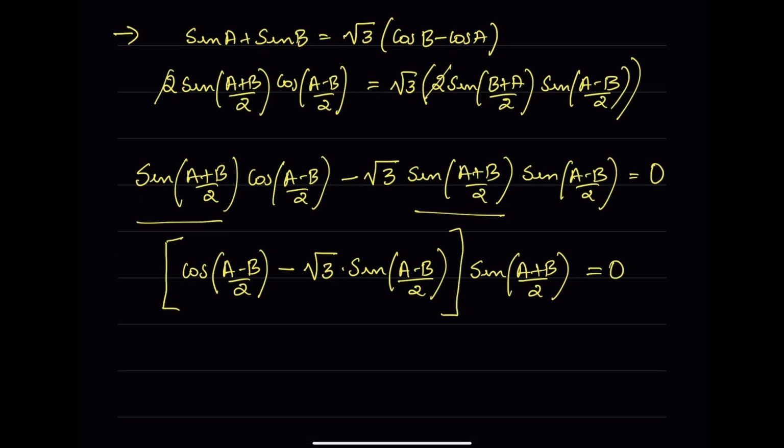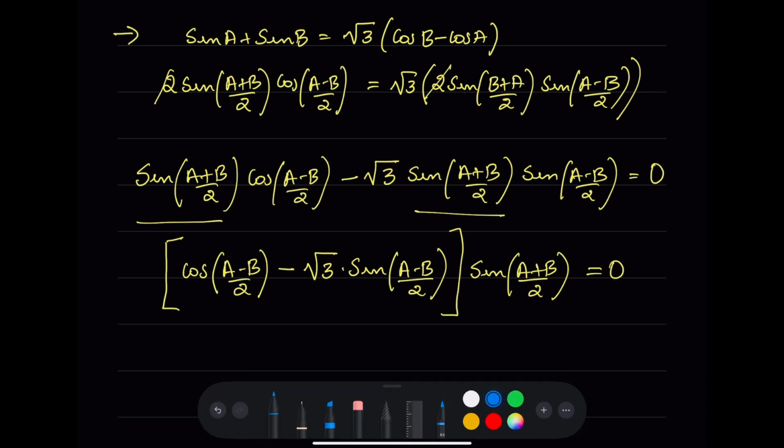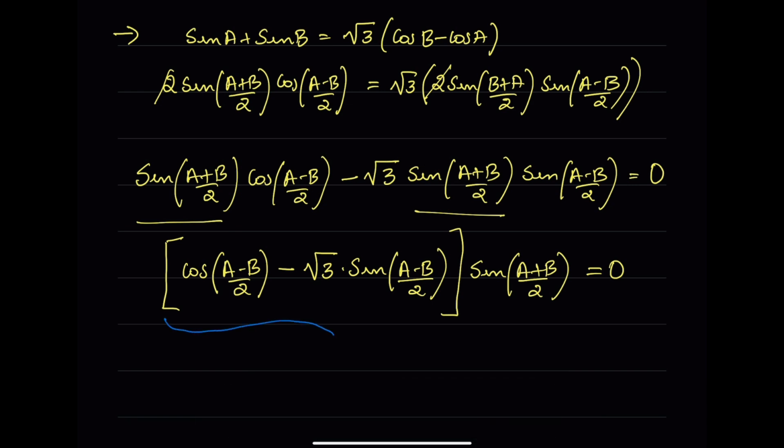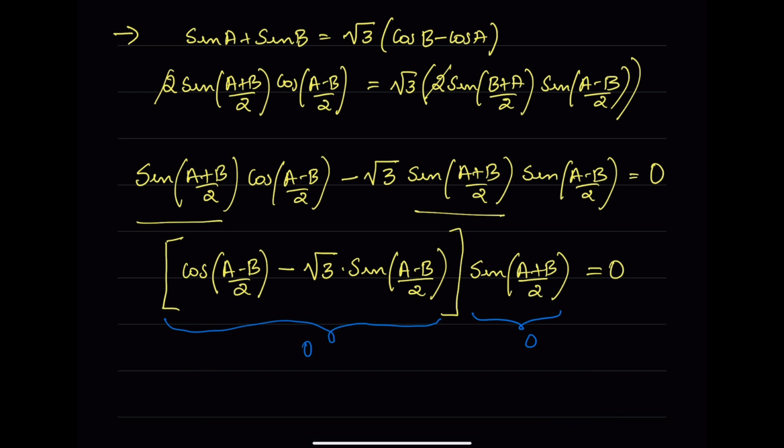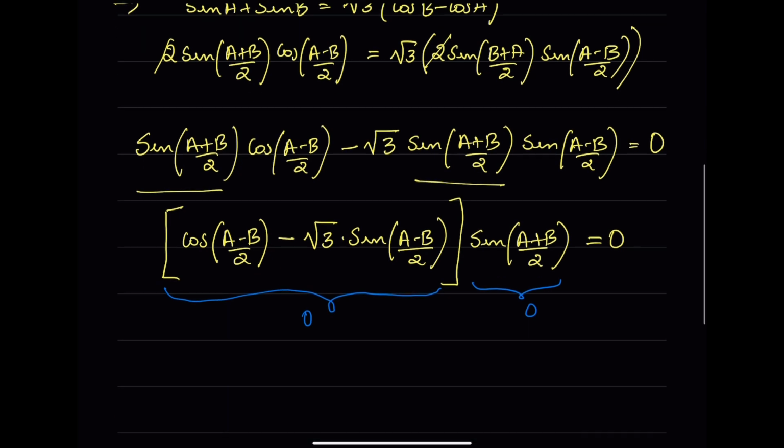Now there are two parts to this equation. Either this part will be equal to 0 or this part is equal to 0. Only then we get this entire equation to be equal to 0. So there are two cases.